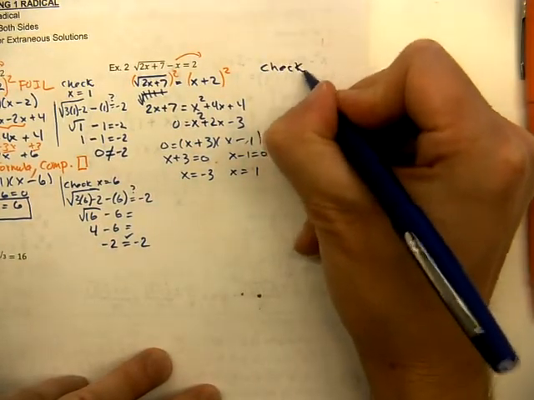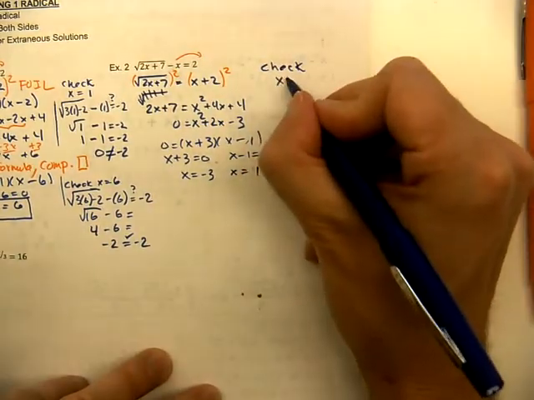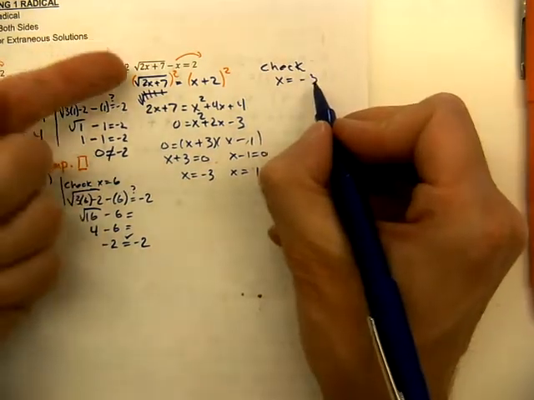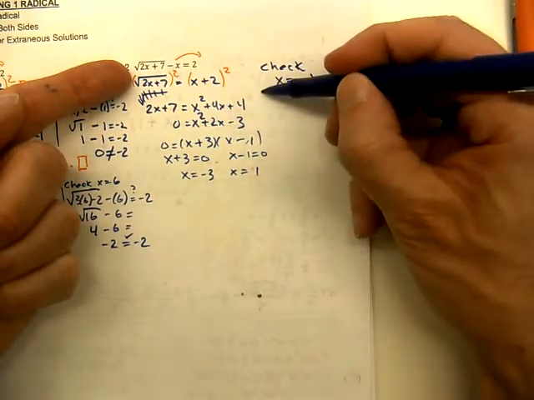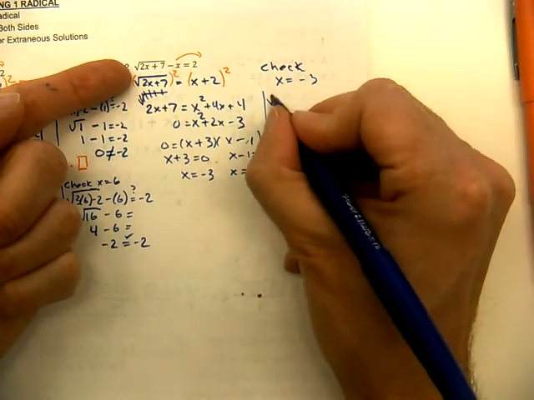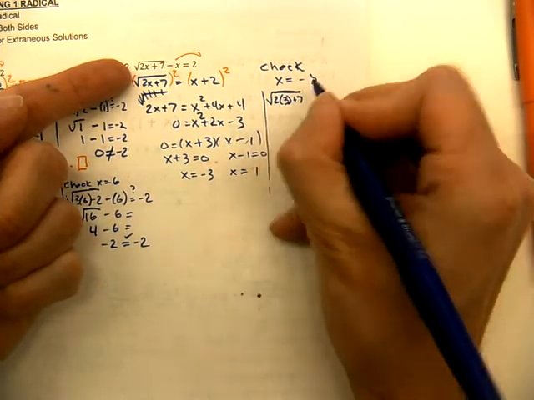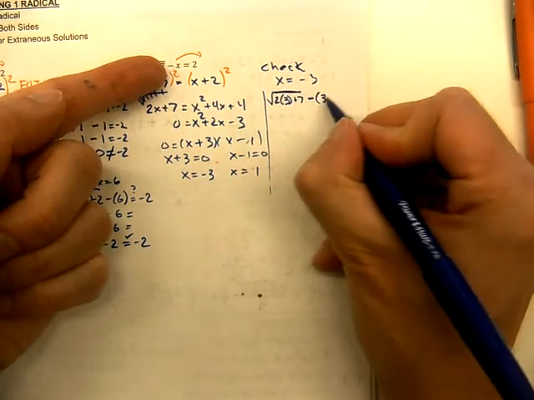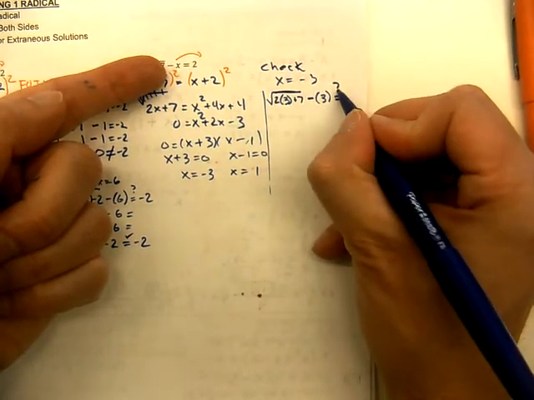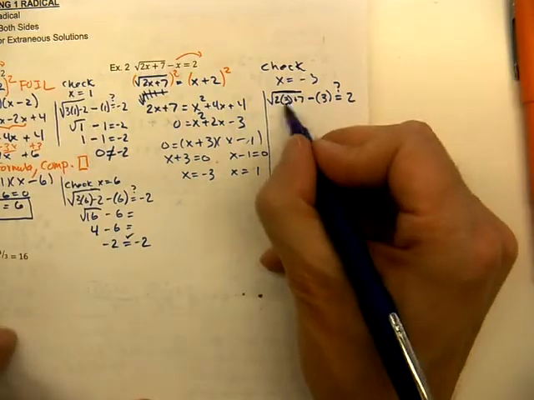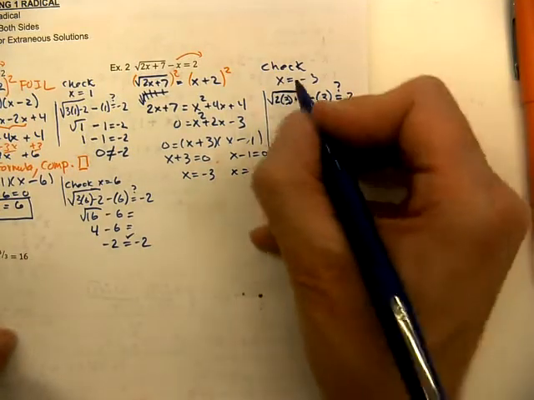So let me start by checking x equals negative 3. So we'll take that and plug it back in. So we want to know the square root of 2 times that input of negative 3 plus a 7, and then subtract that input of negative 3. Will that equal an answer of 2? So 2 times 3 is 6. Sorry, that's a negative 3.